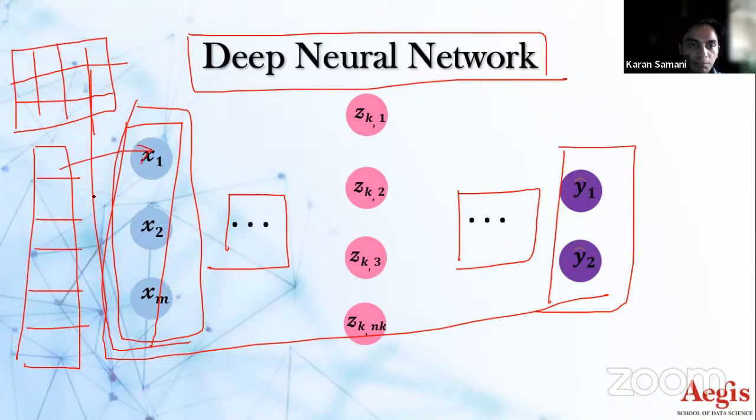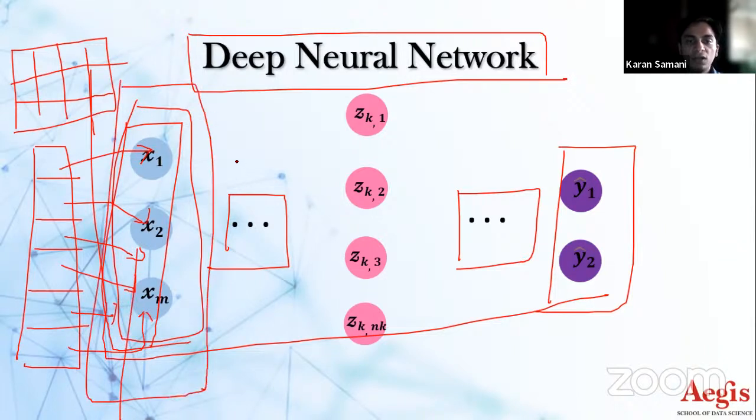So the first pixel goes here, then x2, x3, x4, x5, up to xm. This is how our input layer will look, and this operation is known as flatten.